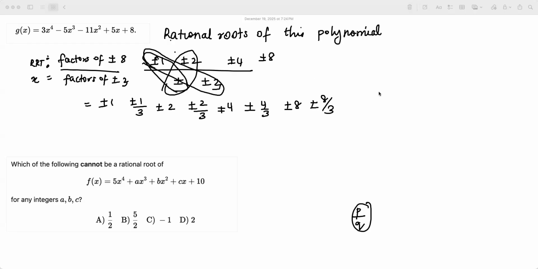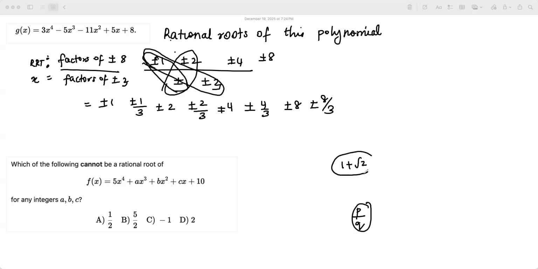This is correct, but find all the rational roots means you have to factorize it. Then only we'll know which are rational roots, right? See, if it is a complex root or an irrational root, it will exist in conjugates. Suppose 1 plus root 2 is a root.